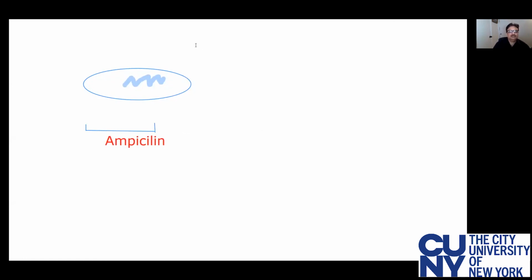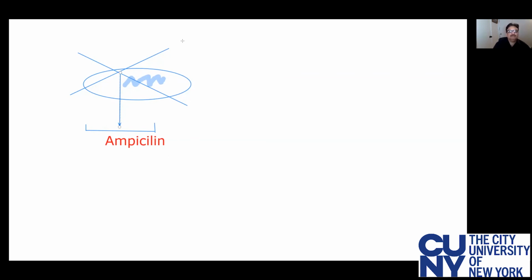It will die, because it doesn't have a plasmid which would resist the ampicillin.